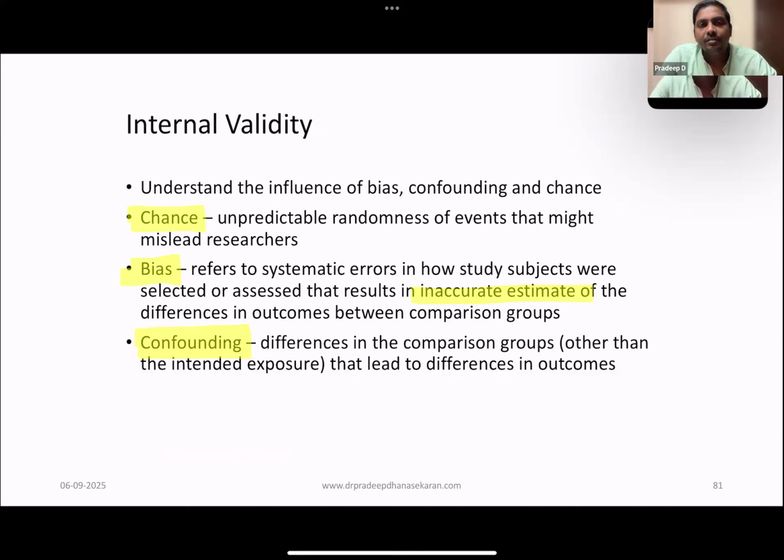Bias refers to systematic errors in how the study subjects are selected or assessed. There can be a selection bias or an ascertainment bias that results in an inaccurate estimate of the differences in the outcome. And confounding is when there is a difference in the comparison groups.